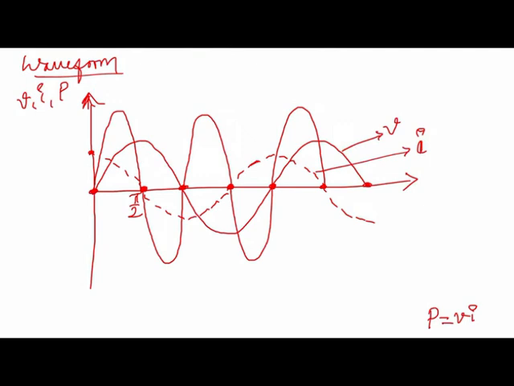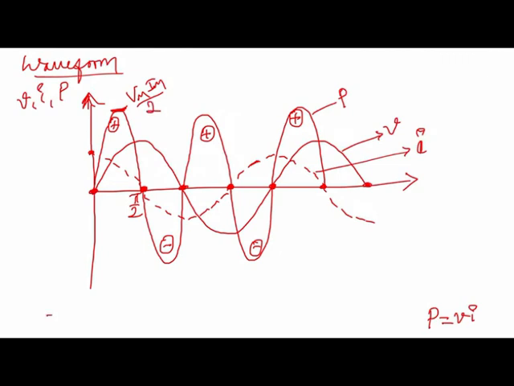This keeps on continuing: positive, negative, positive, negative, positive. So here also the power fluctuates at 2 times the normal frequency. For one cycle of voltage, the instantaneous power has 2 cycles. This is the instantaneous power, and its peak value is Vm Im by 2.